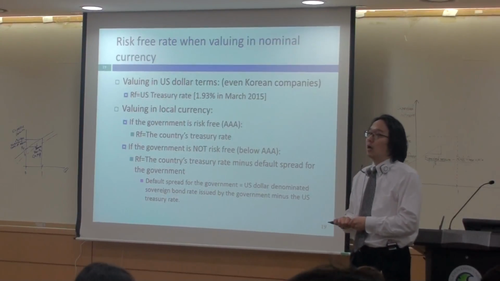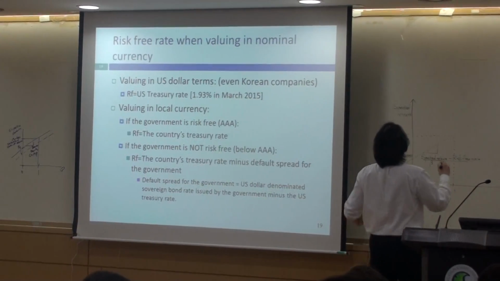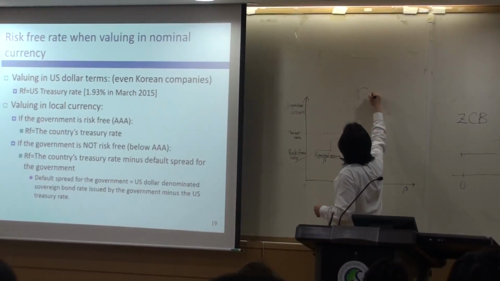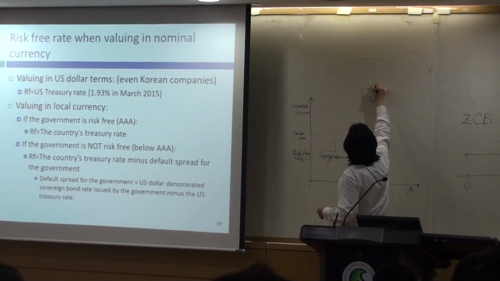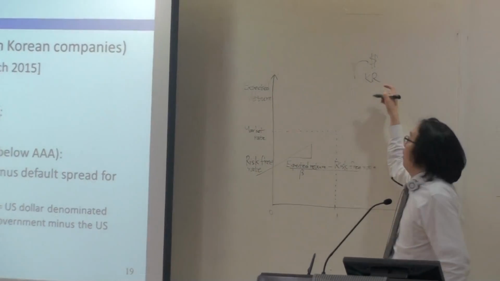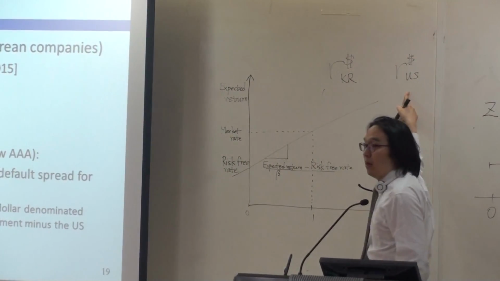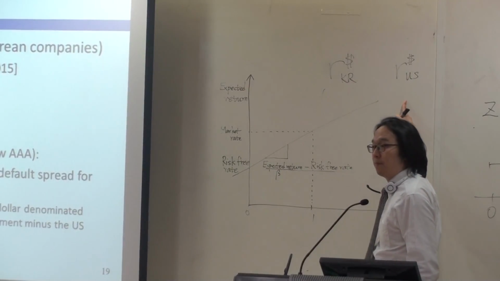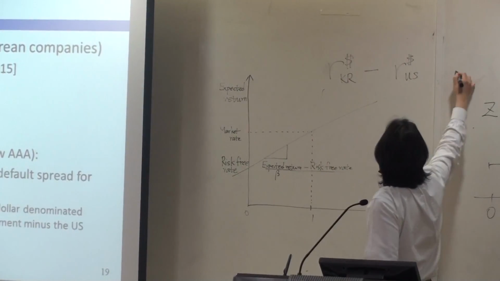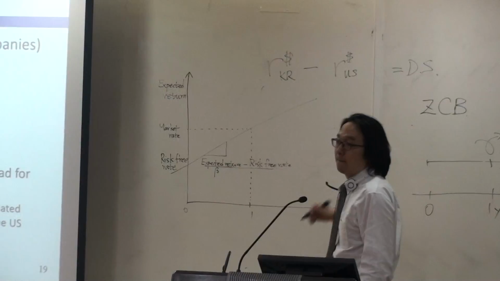And because the Korean government has default risk, the Korean government's dollar-denominated bond interest rate will be higher than the U.S. risk-free rate for the equal maturity. Okay, it will be higher, and the difference between these two is what we call the default spread of Korea.